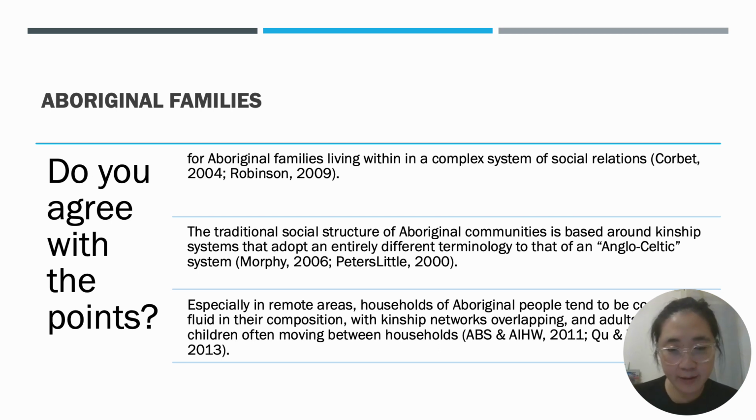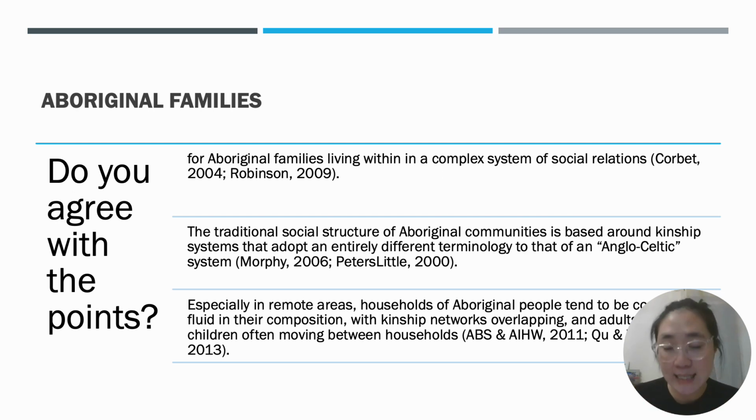Aboriginal families are very complex systems connected with social relationships. Also, the Aboriginal family is a little bit different because it involves a traditional social structure, which is called kinship.